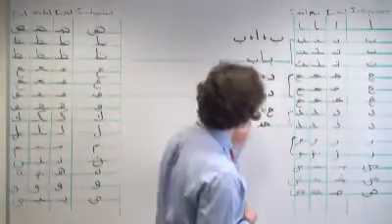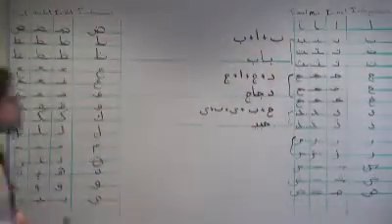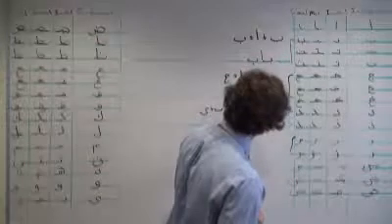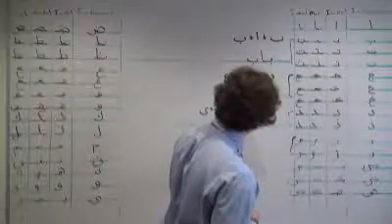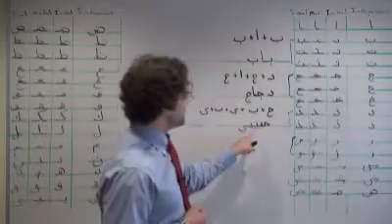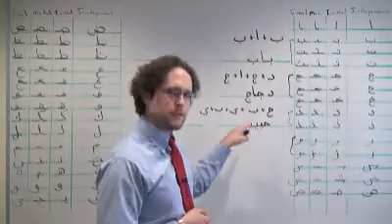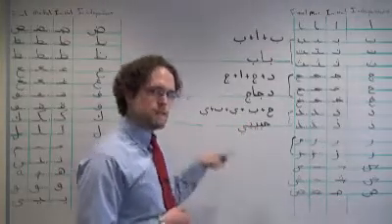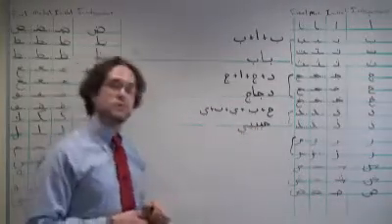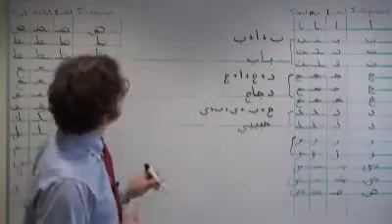They all connect. Medial form of ya, another ba, and final form of ya. Notice the difference between the medial form of ya and the final form of ya. They're a bit different, and this ya, the final form, is lower. Habibi, which means my darling, my baby, my beloved in Arabic.